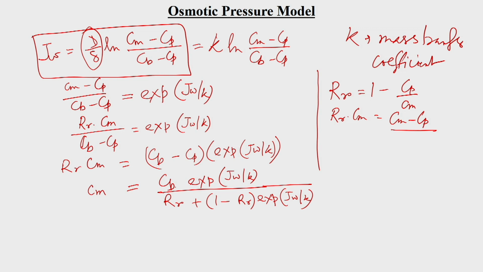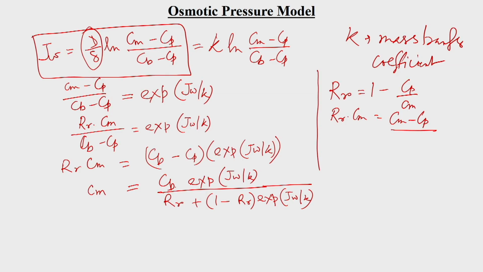We explained in the beginning that the Cm, the membrane surface concentration, cannot be measured directly, so we can measure it indirectly. From this equation, the membrane surface concentration can be determined using these known parameters. Okay.